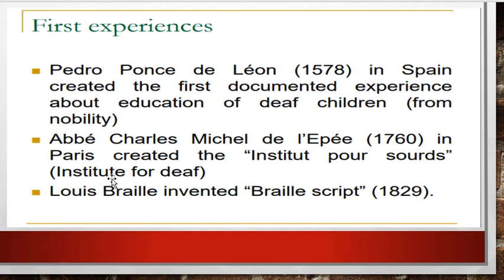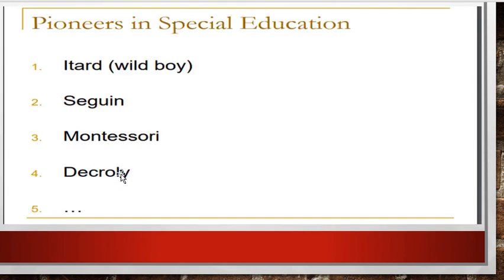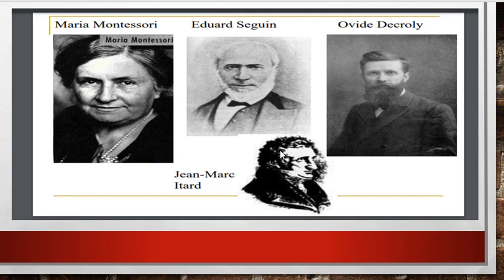Thanks to Mr. Braille, those who cannot see can read. So let us talk about the pioneers of special education. We would be talking about them one by one: the Itard boy or the wild boy, Seguin, Montessori, and Decroly.